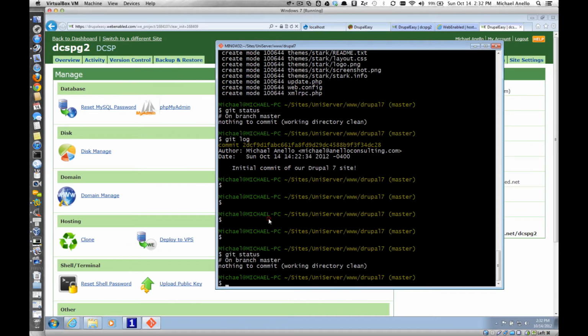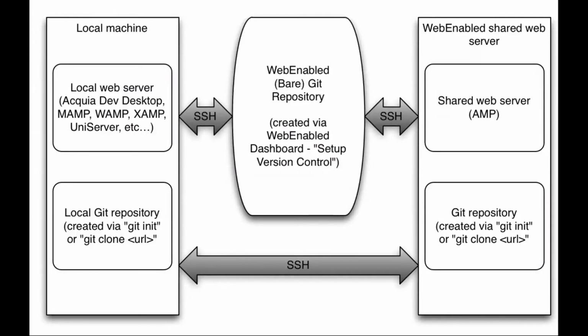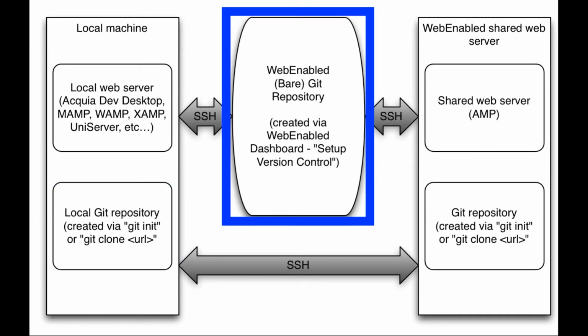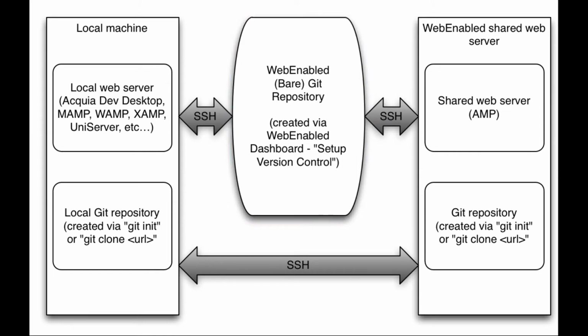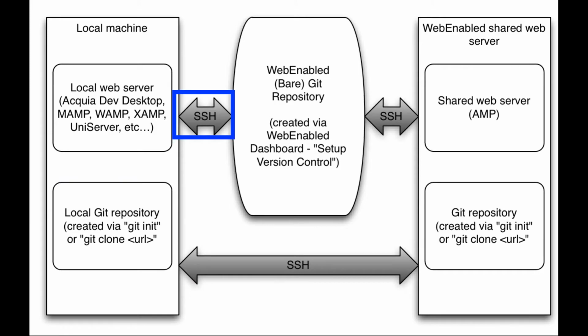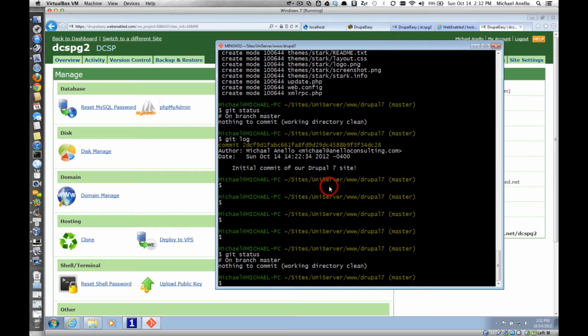So what I need to do is add a new remote. And a git remote is basically a link. It tells the local repository about our remote repository, and creates a little alias so that anytime we want, we can push commits from our local machine via SSH to this repository up here. The syntax for that is just git remote add origin.